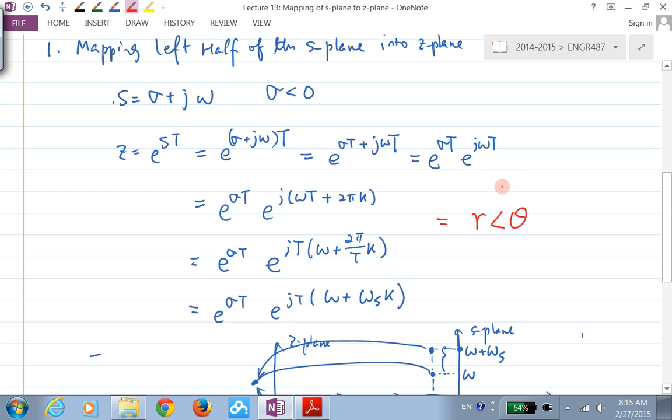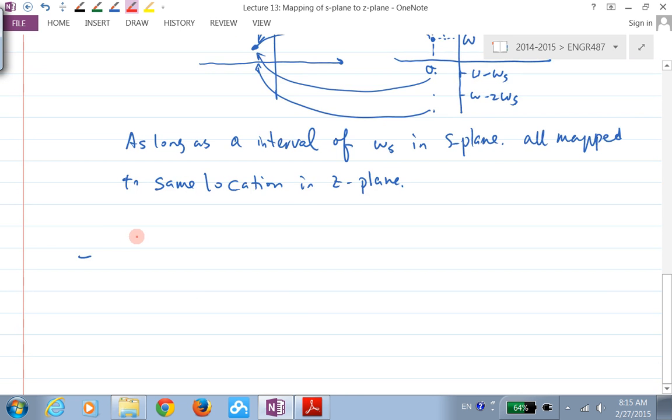Sine theta or cosine theta could produce a negative number, but the magnitude of the whole quantity is what matters. So in the second observation, R is e to the power of sigma T.